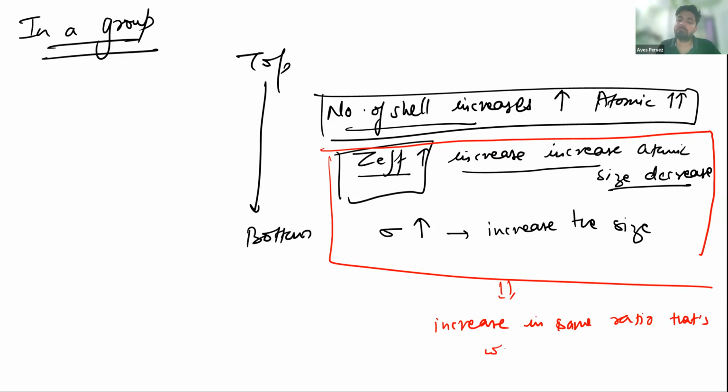That's why they balance each other. Got it? And you have to note it down that the net result is that the atomic size increases. They are just cancelling out each other, but two things are increasing the size and one thing is decreasing the size. So overall the size of the atom increases as we go down the group. Got it? Yes, sir.